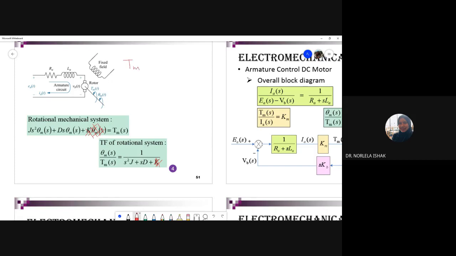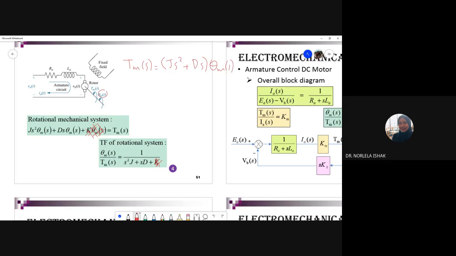Total torque, we write the equation based on impedance, right? This one is the inertia, plus, they gave on the previous slide, inertia and damping ratio, multiplied with theta m, we put theta m here.